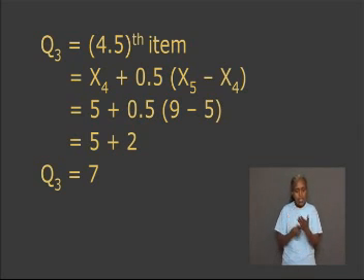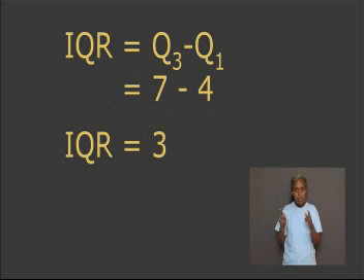This time, we add the value of x4 to the difference between x5 and x4 multiplied by 0.5. By substitution, we find the third quartile to be 7. The difference between the third and first quartile gives us our interquartile range, which is 3.